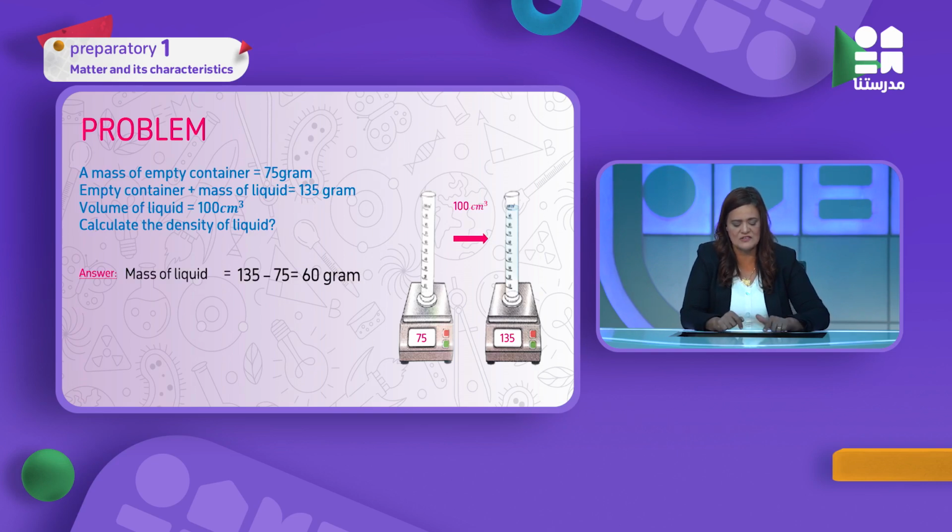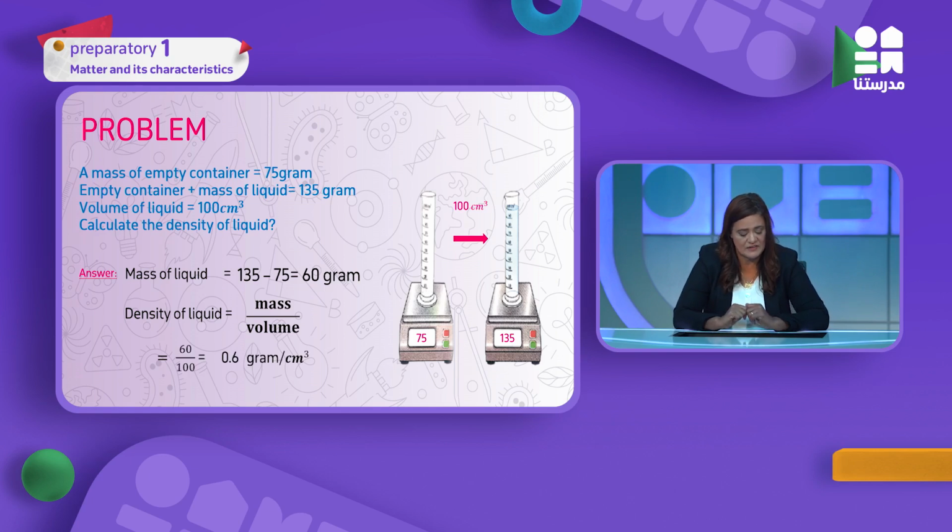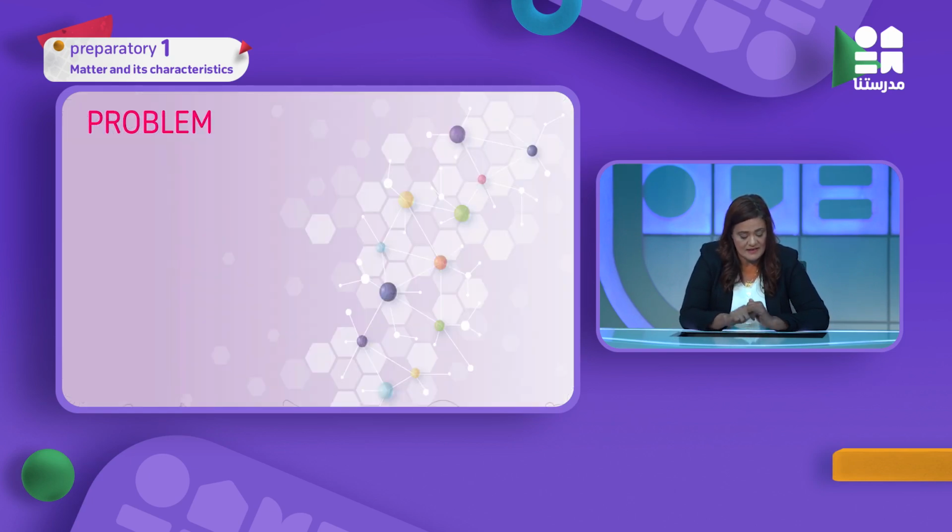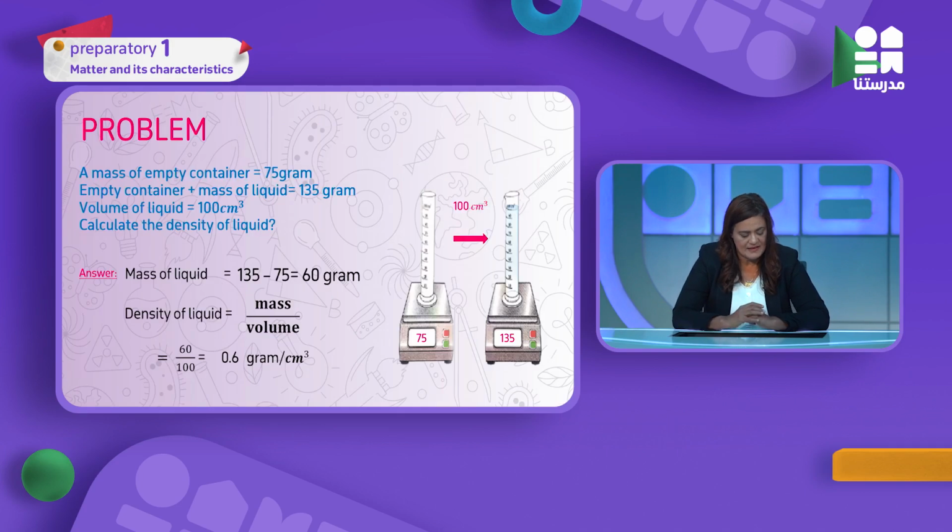الماس اوف liquid: 135 minus 75 means 60 جرام. أوكي. طب what about the density بقى؟ the density of this liquid I must divide الماس over volume. طيب, الماس بكام؟ 75. 135 minus 75 equals 60 gram. 60 gram means the mass of the liquid.